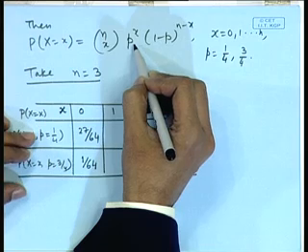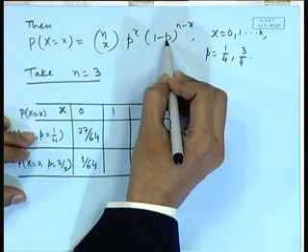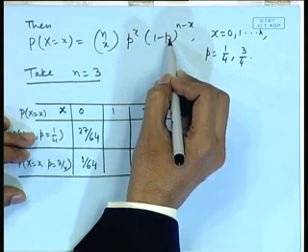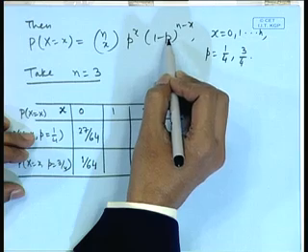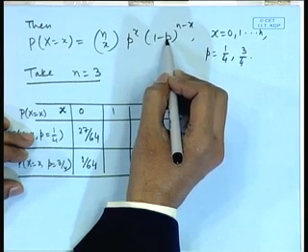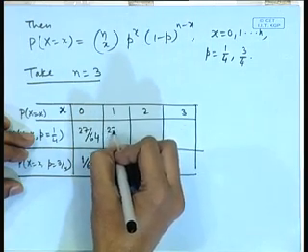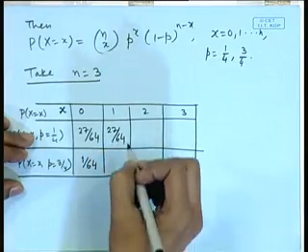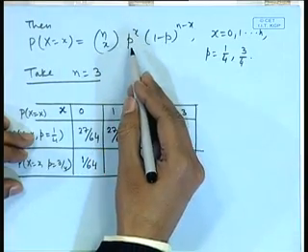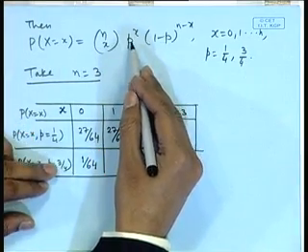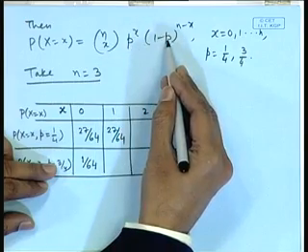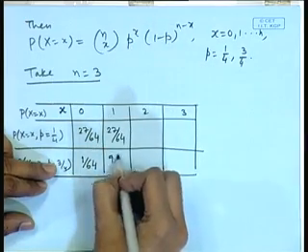So, when p is equal to 1 by 4, this (3 by 4) square becomes 9 by 16, and then you have 1 by 4 and 3, so it becomes 27 by 64. Whereas when p is equal to 3 by 4, this is 3 by 4 and this becomes (1 by 4) square, so this becomes 9 by 64.